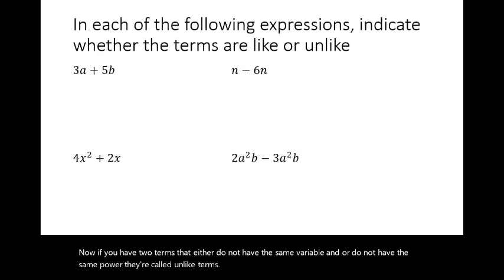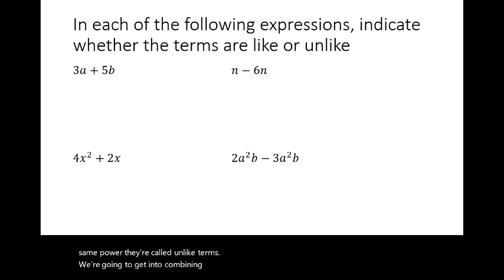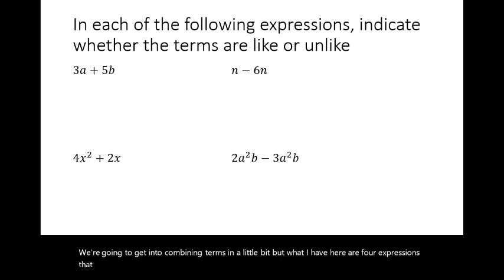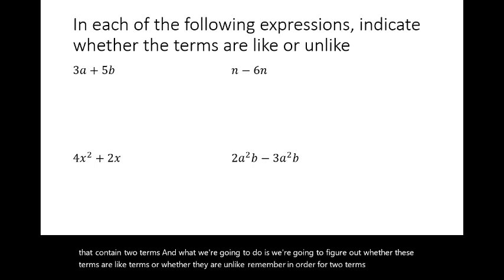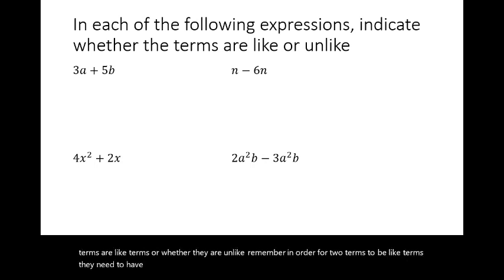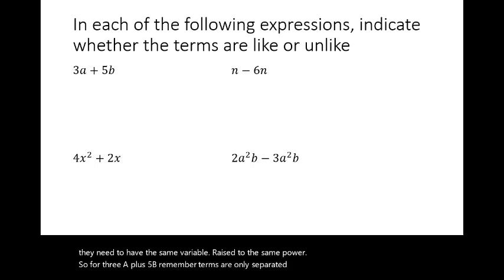We're going to get into combining like terms in a little bit, but what I have here are four expressions that contain two terms. And what we're going to do is figure out whether these terms are like terms or whether they are unlike. Remember, in order for two terms to be like terms, they need to have the same variable raised to the same power. So for 3a plus 5b, remember, terms are only separated by a plus sign or a minus sign.